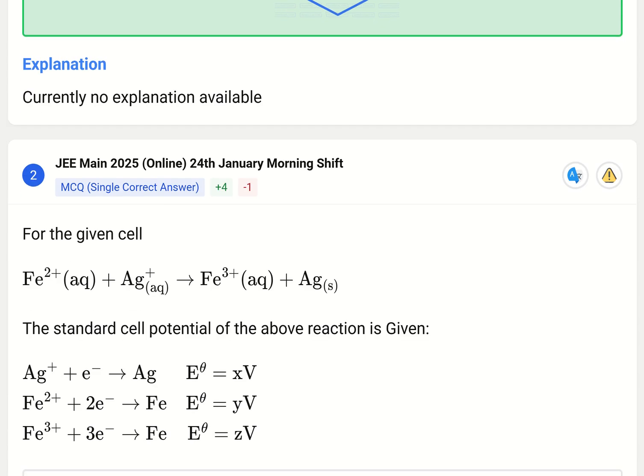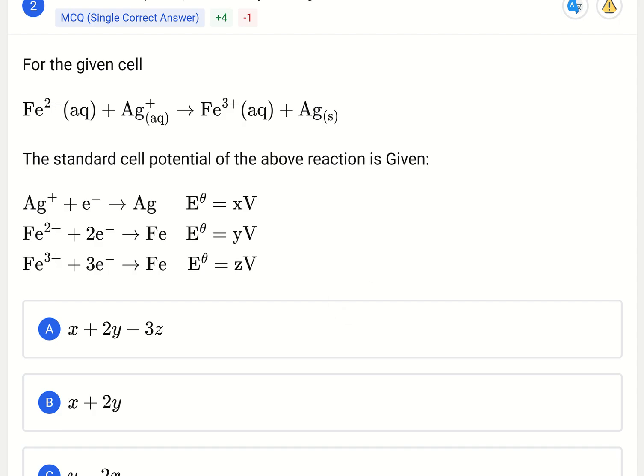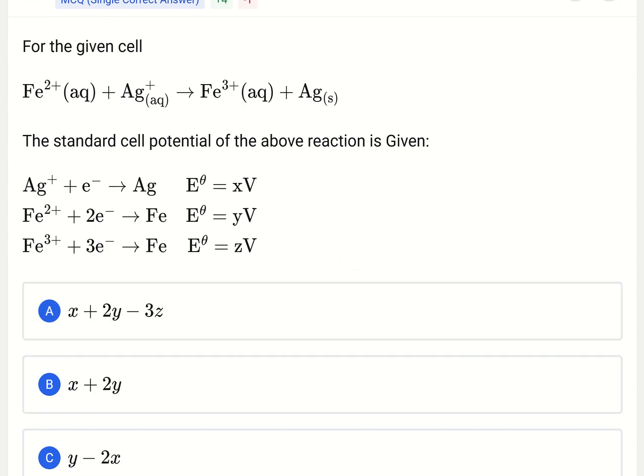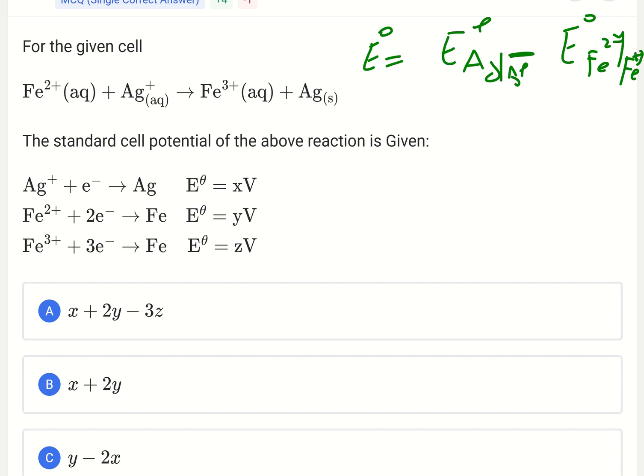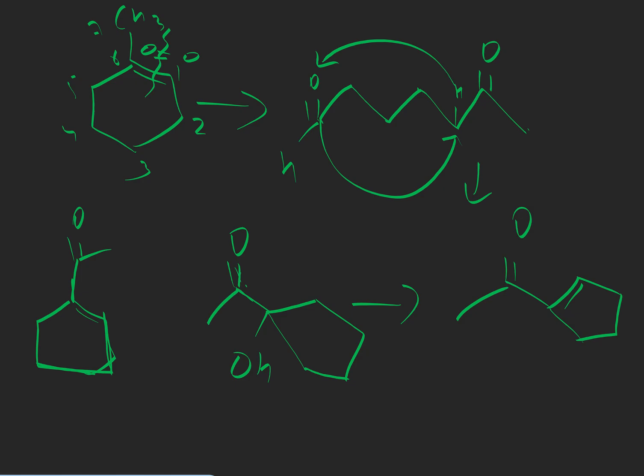So next question. For the given cell, Fe2+ plus Ag+ gives Fe3+ plus Ag. We need to find E naught. E naught is equal to E naught Ag minus E naught of Fe2+ and Fe3+. So let us solve this question on the smart board.